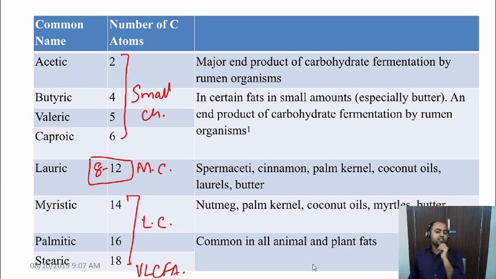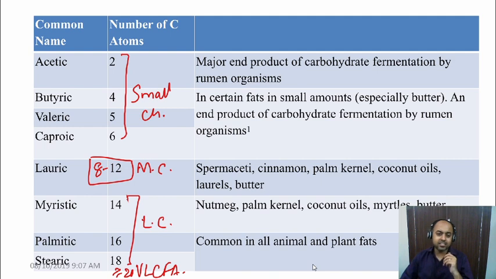The very long chain fatty acids are typically in the range of 20 carbons or more. This is for the saturated fatty acids.